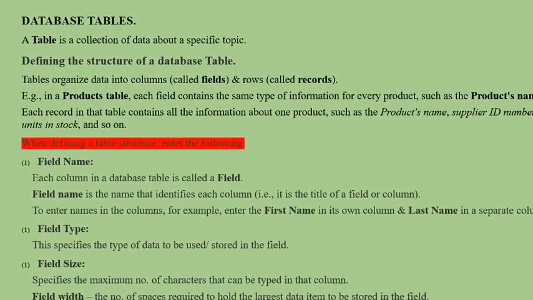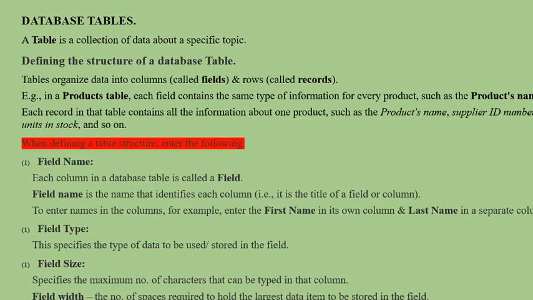Let's see database tables. A table is a collection of data about a specific topic. For instance, you can talk of a products table where we have the product name, amount in stock, price, supplier ID, etc. Therefore, when defining a table structure, you usually enter the field name, the field type, and the field size.